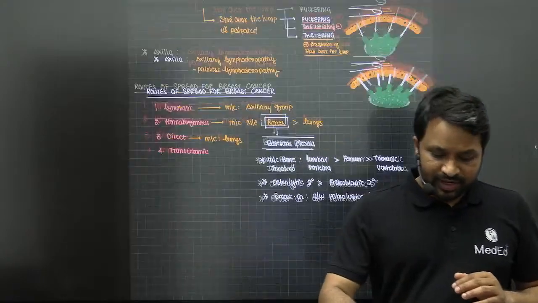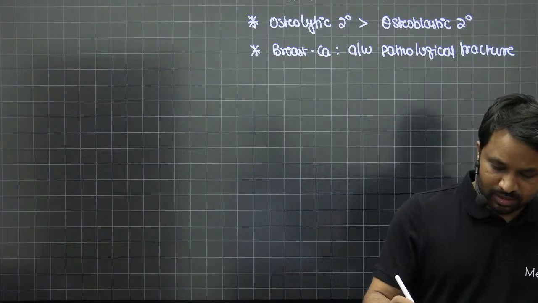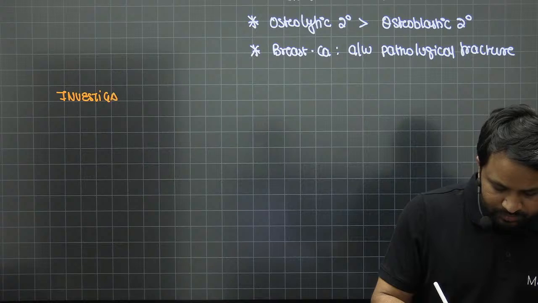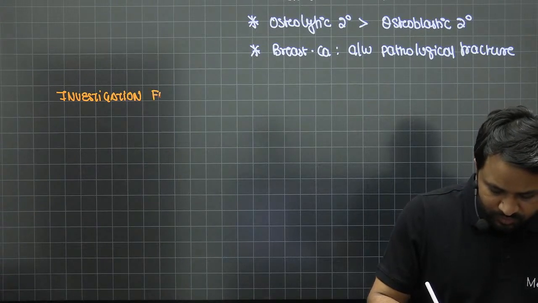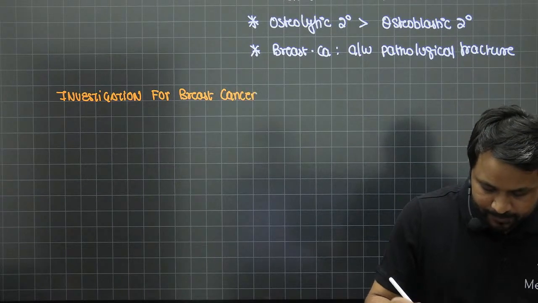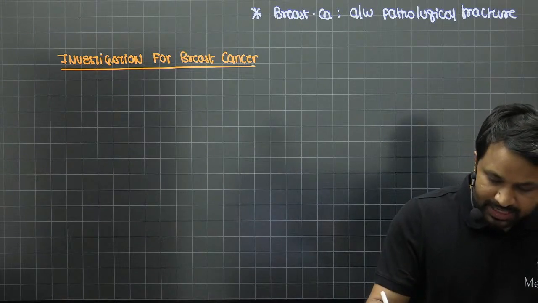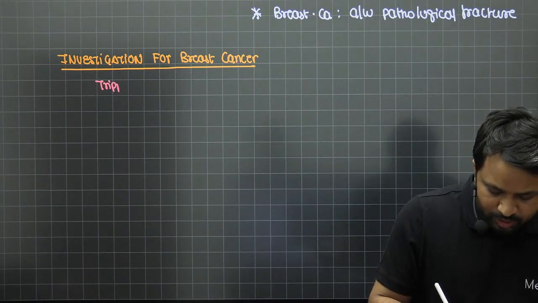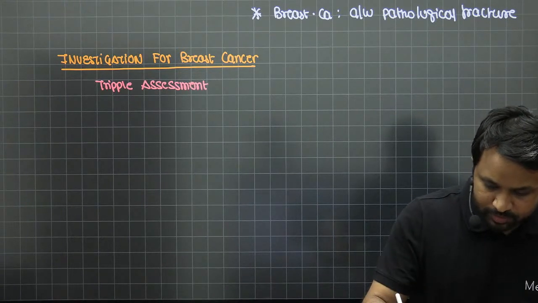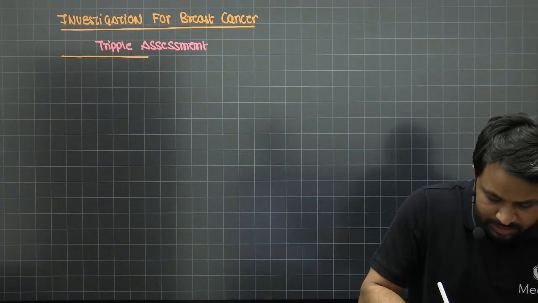Now, whenever you have a patient with breast cancer, how would you like to evaluate? Investigation for breast cancer: there are no points for guessing at all. We have already discussed this. Any patient who presents to us with a lump in the breast, the standard protocol is going to be the triple assessment protocol. There is no point in escaping the triple assessment and trying to get a diagnosis in a breast lump, which is not acceptable.